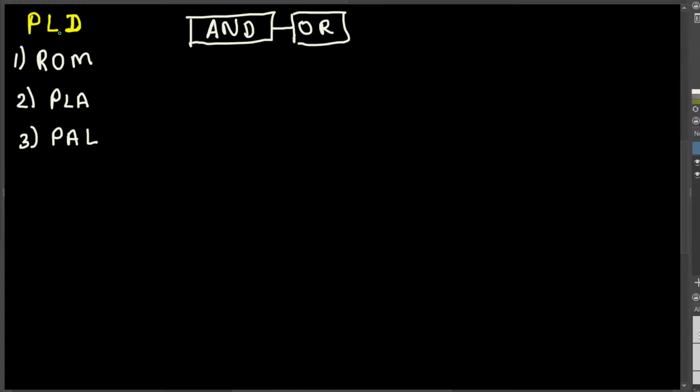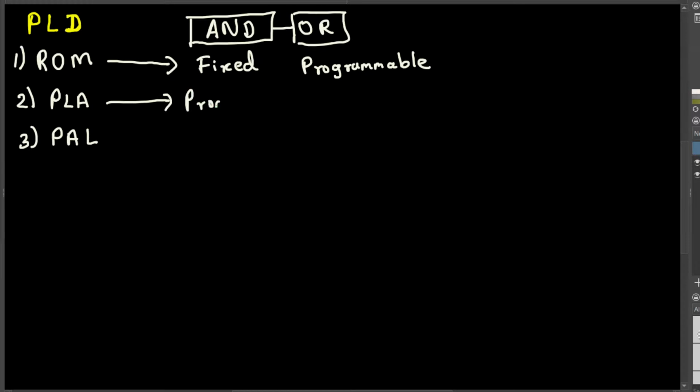And all of these types have different things in them. For ROM, the AND gate is fixed and the OR gate is programmable. And for the PLA, both of them are programmable: the AND gate is also programmable, and the OR gate is also programmable.